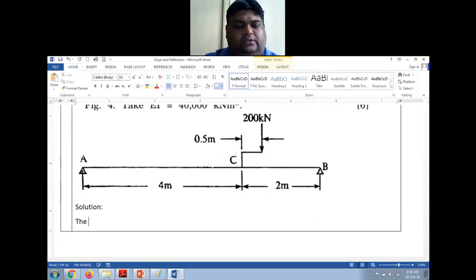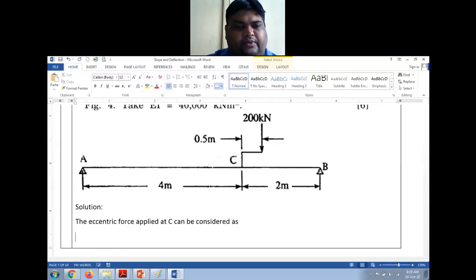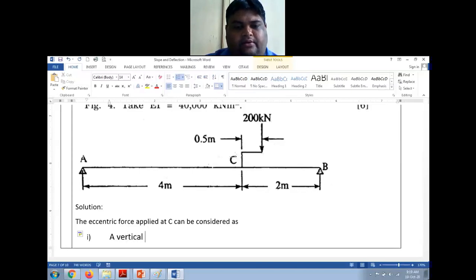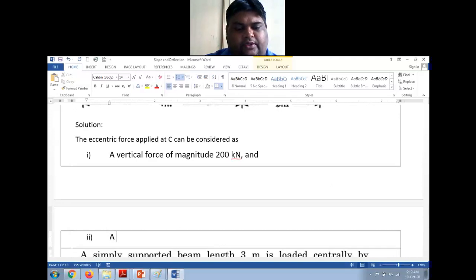Solution: the eccentric load applied at C can be replaced as 1, a vertical force of magnitude 200 kilonewton, and a clockwise couple of magnitude 200 into 0.5.